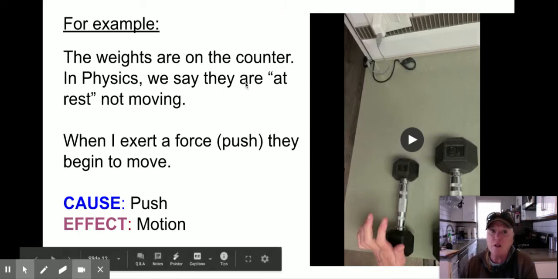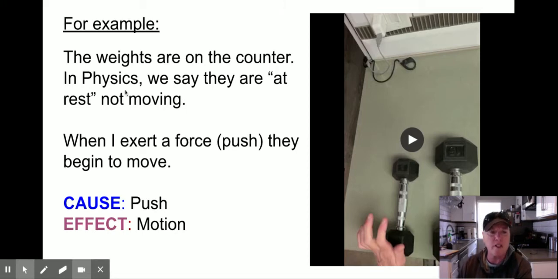In physics, we say they're at rest, they're not moving, and we'll talk more about these physics concepts. When I put them on the counter and hadn't done anything yet, those dumbbells were at rest. But when I pushed on them and they began to move, that's when I exerted a force. There was an interaction. The cause was the push, the effect was the motion.